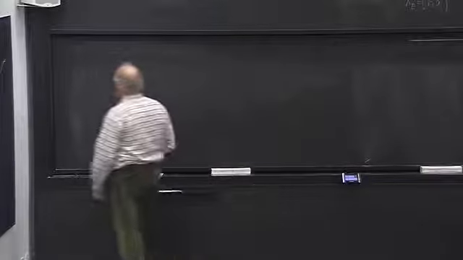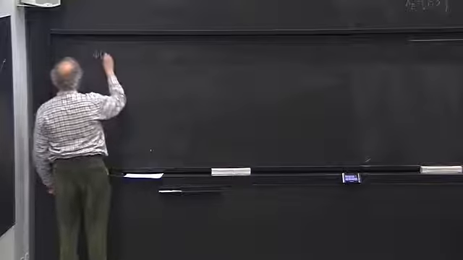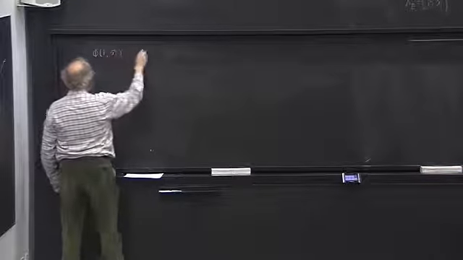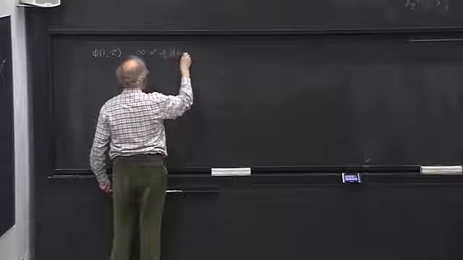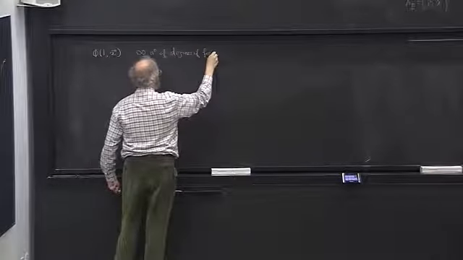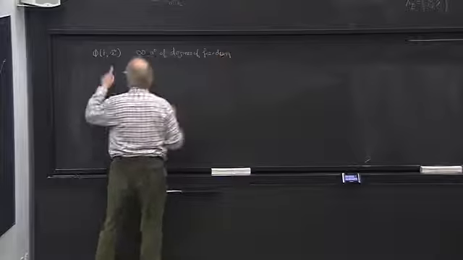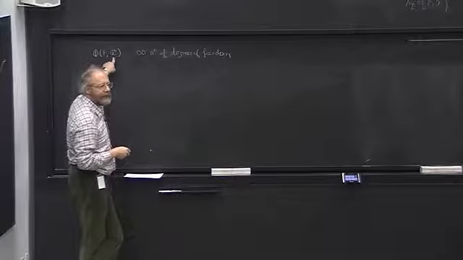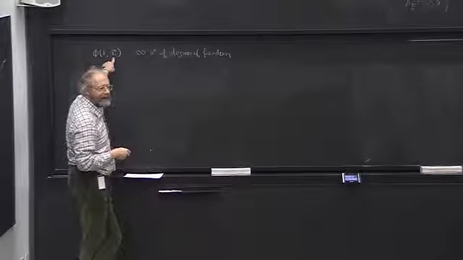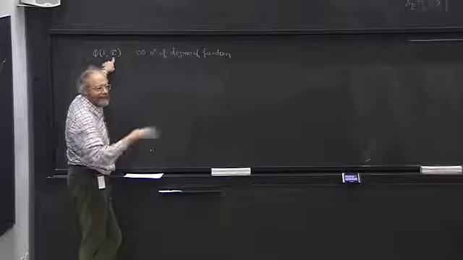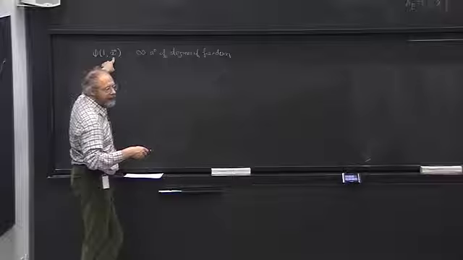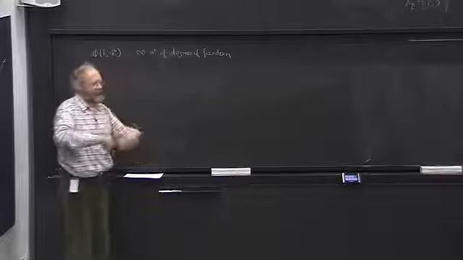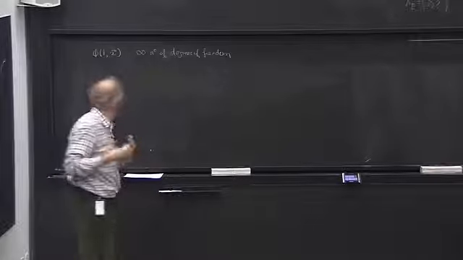So we start from phi of t and x that has an infinite number of degrees of freedom, because there is one phi at each point of space. And it's an infinite continuum number of degrees of freedom.